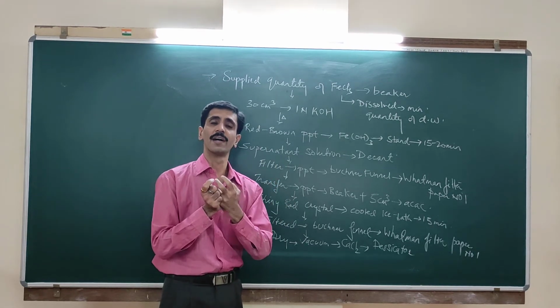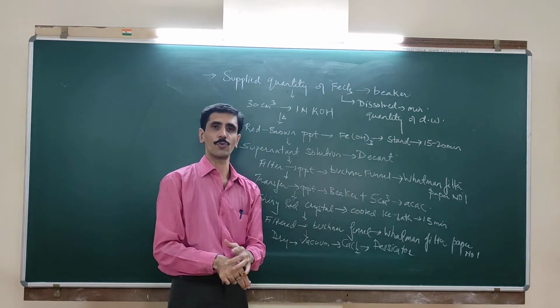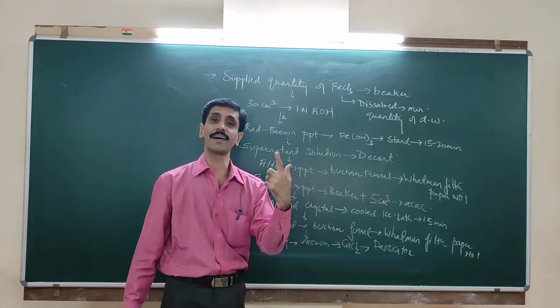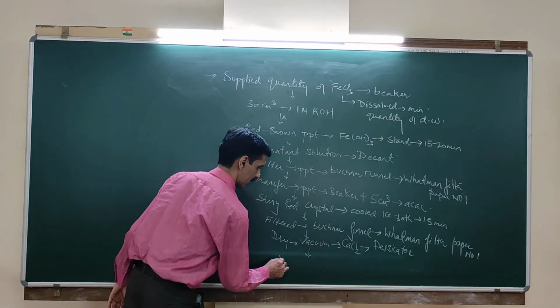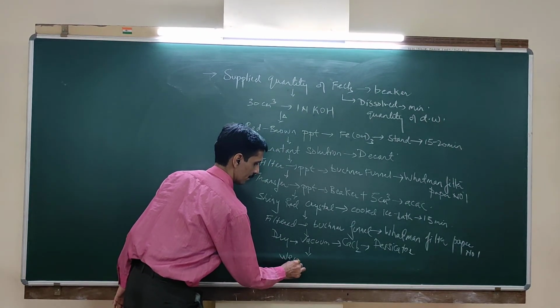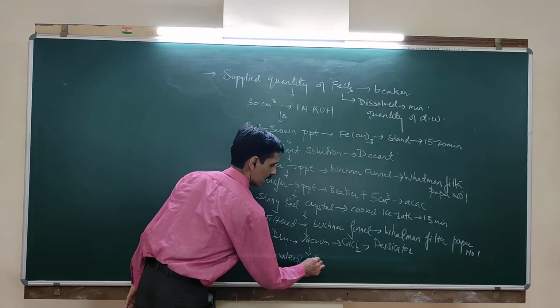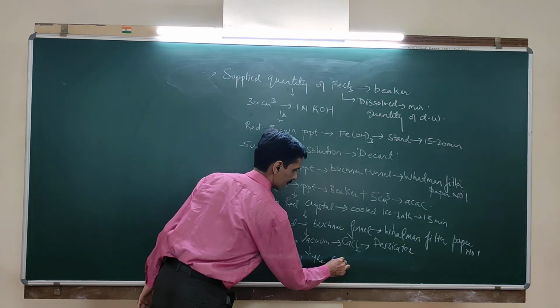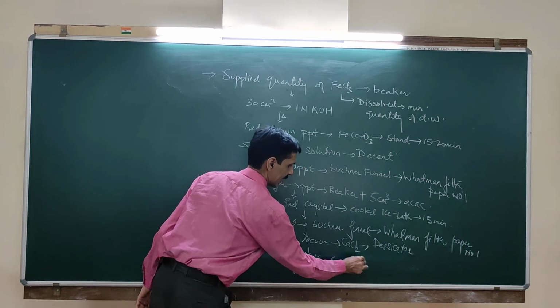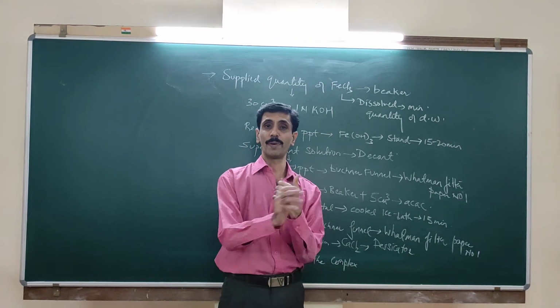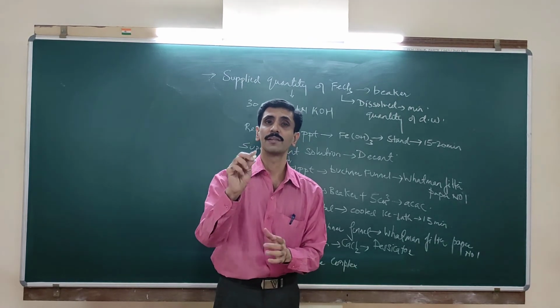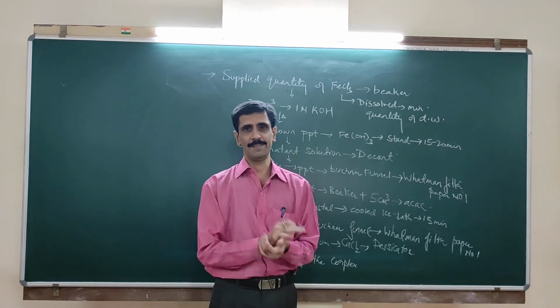Absorption of moisture results in drying of the compound, and that's why we use the word dry. And finally, the most important thing is weigh the complex. The weight of the complex that we get is what I was referring to a few minutes back, the observed yield.